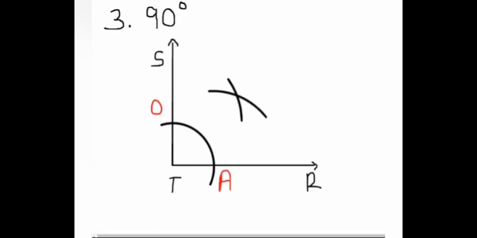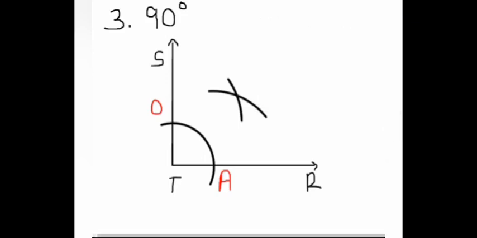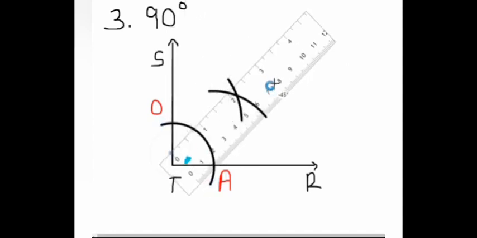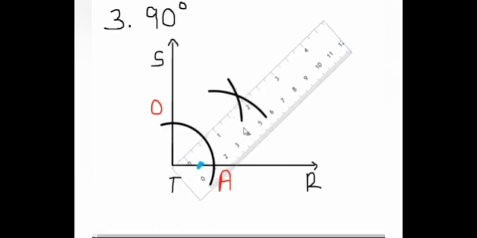Now I'll take my scale again and I'll join vertex T and wherever both the arcs are intersecting. Yeah, those 2 points I'm going to join.